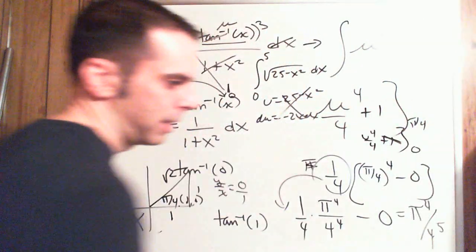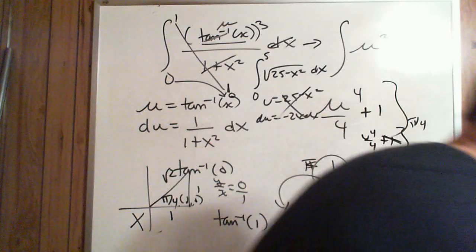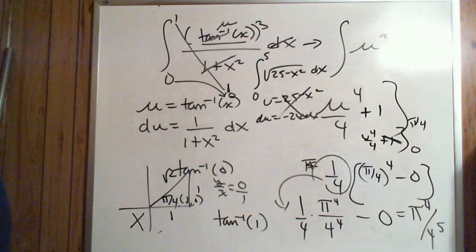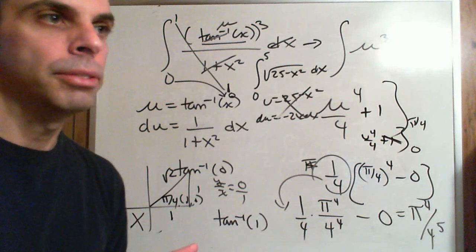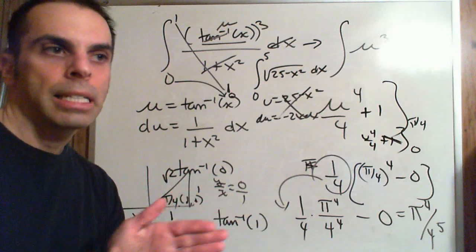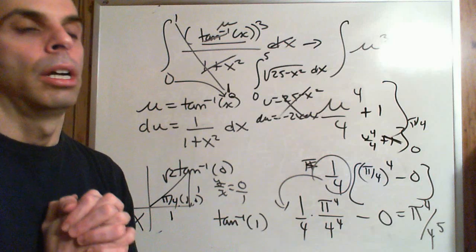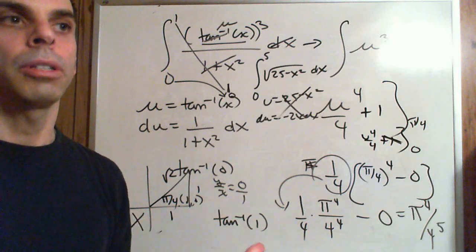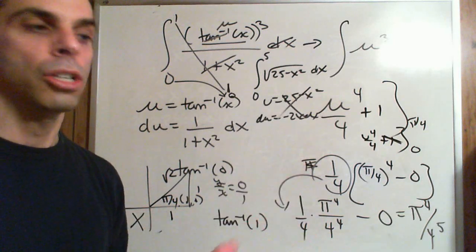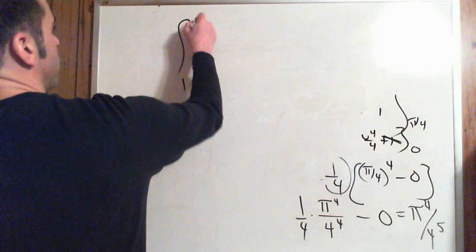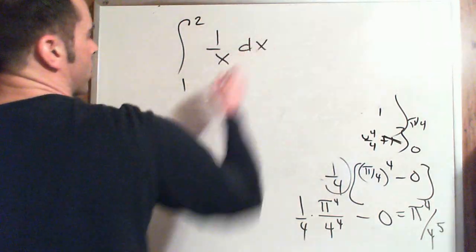Okay, so again, just to summarize it and clean it all up, you take the antiderivative. If it's like the x to the nth and you did not do u substitution of any nature, then you leave it in terms of x's. Your limits of integration stay in terms of x's. Like for example, with this one, the definite integral from 1 to 2 of 1 over x dx.